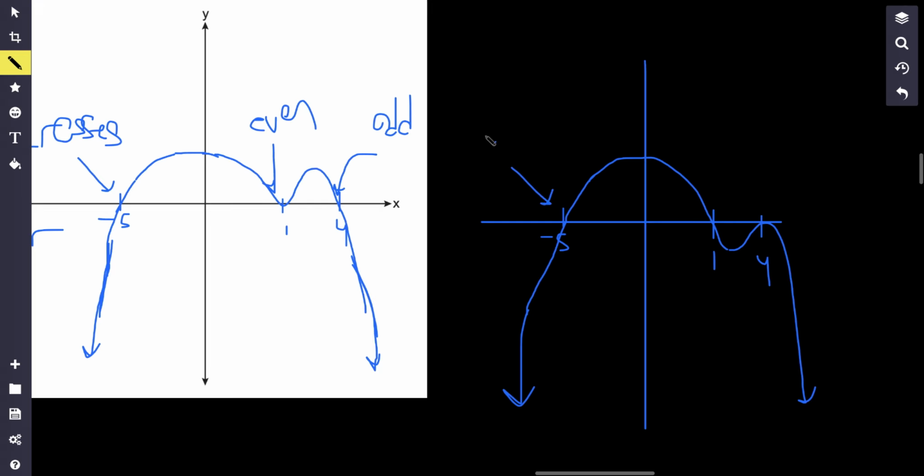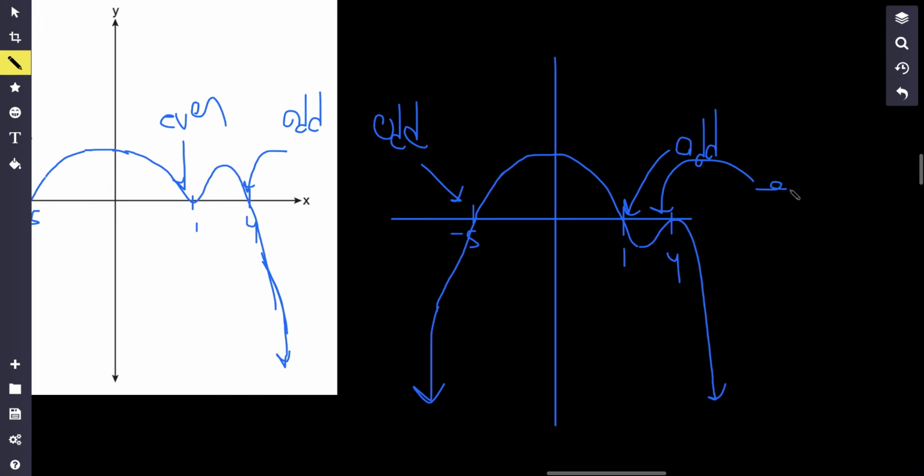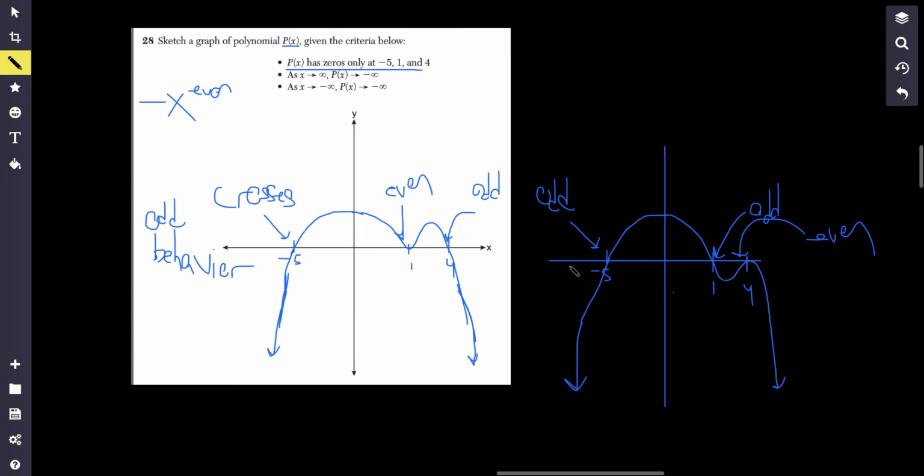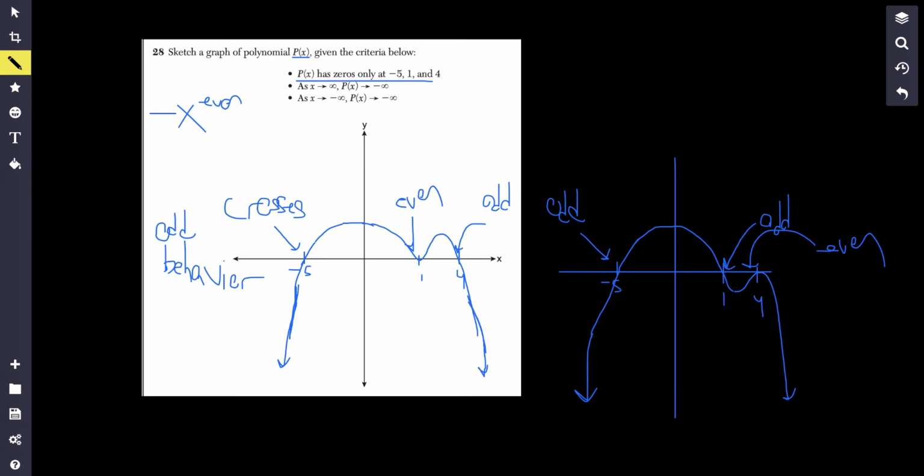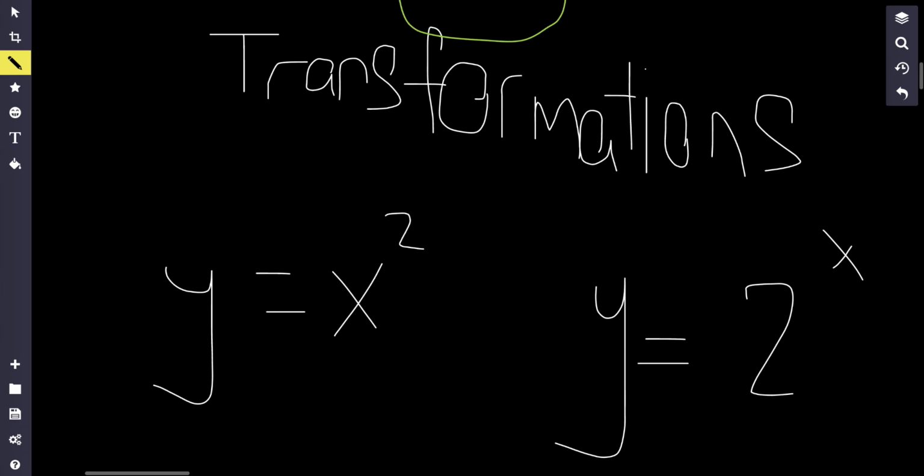So notice here it has odd behavior, meaning it crosses the x-axis at x is equal to 1. It also has odd behavior, meaning it crosses the x-axis. And at x is equal to 4, it has even behavior, meaning that it does not cross the x-axis. And we are done.